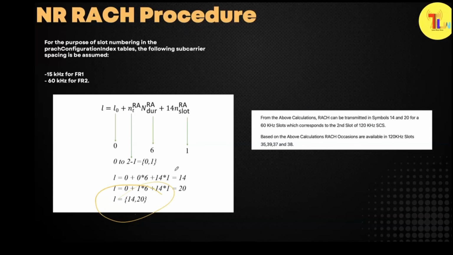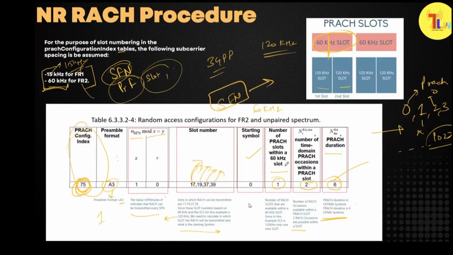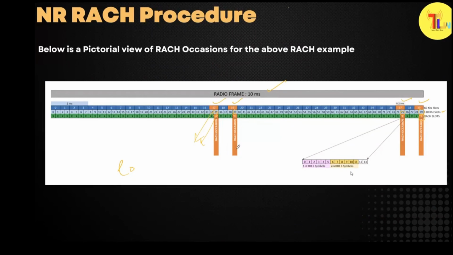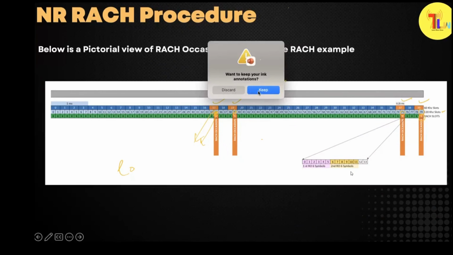If we are using 35, 39, 37, 38, according to this diagram, we will come to a solution that the second slot is being used over here.